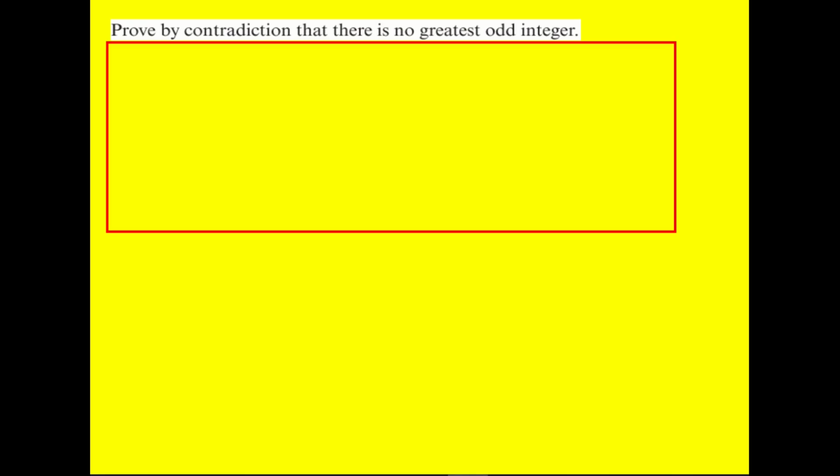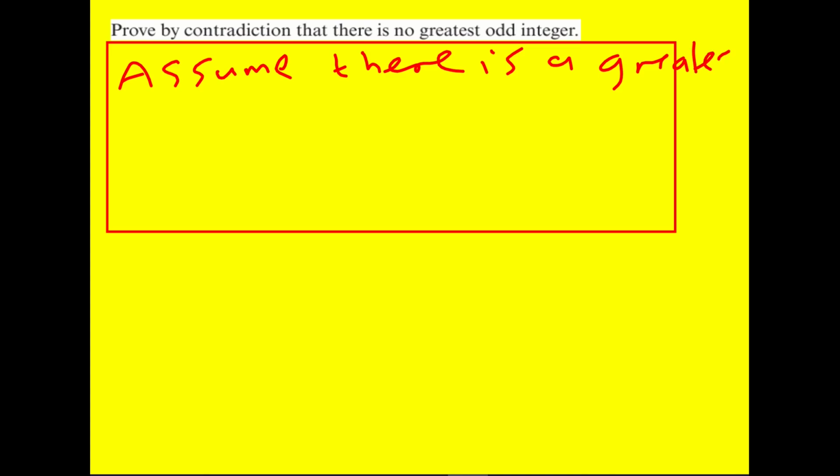Okay, our last example is to prove by contradiction that there is no greatest odd integer. So what we're going to do to start with is we're going to go with the negation. Assume there is a greatest odd integer. And let's call it, what should we call it?